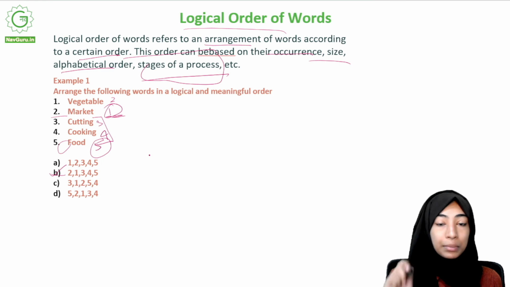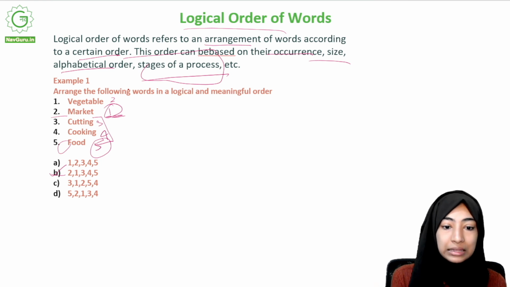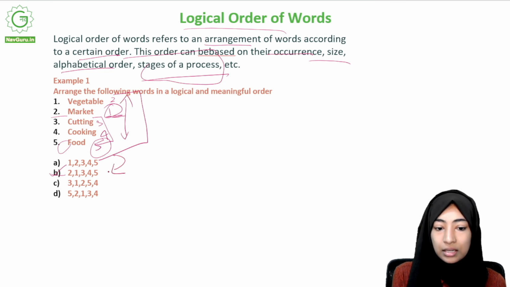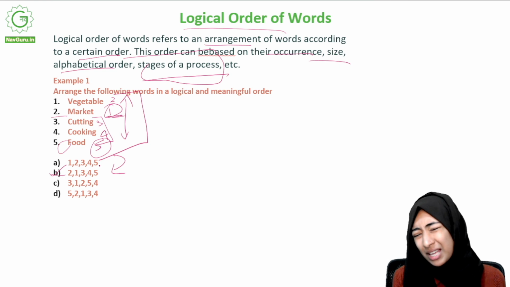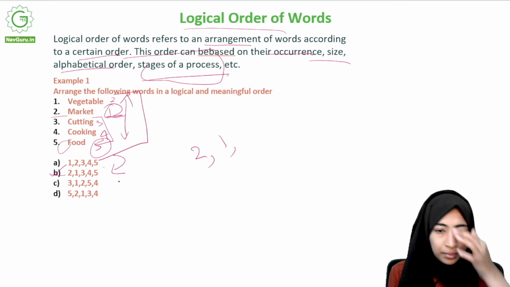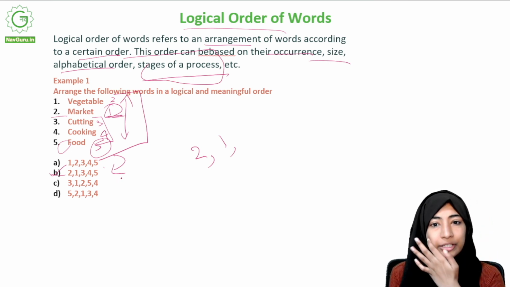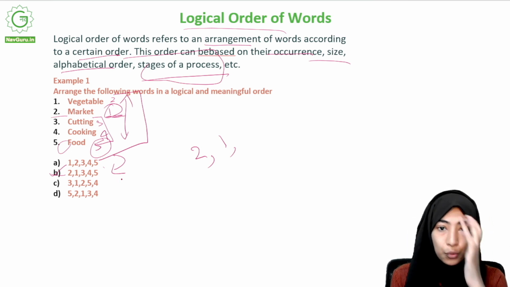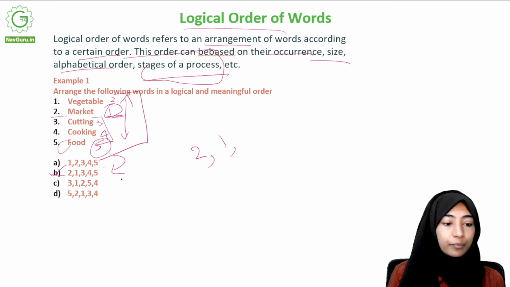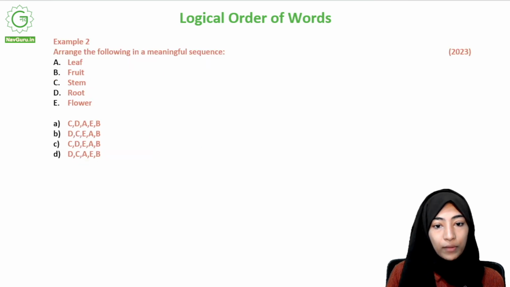But where people usually mess things up is in this part. They write down this order, but when they tick the answer here, they might mess it up. Chances are not very high, since these are options. I mean, you're not writing it, right? It's not subjective. You have options given, so it's not very high that you mess up. But just make sure when you do questions in general to be very careful and very aware of what you're doing. Okay, now moving on to the second question.